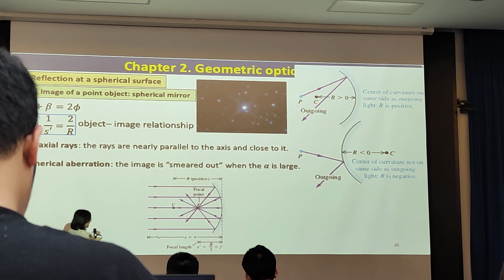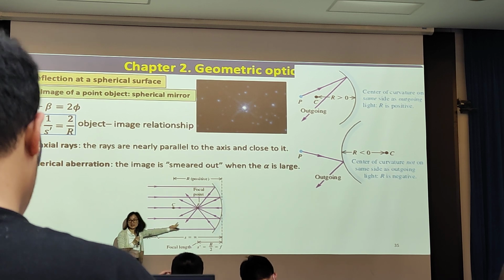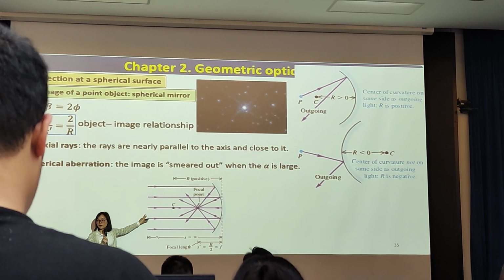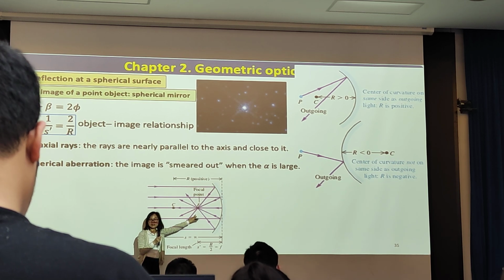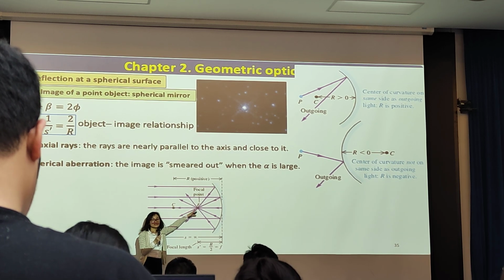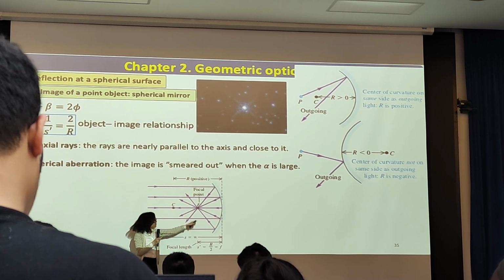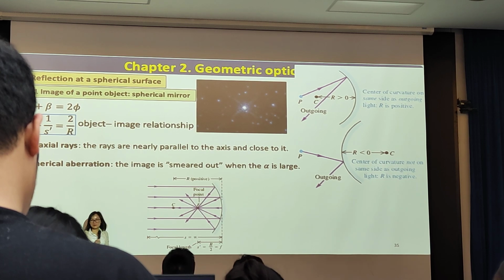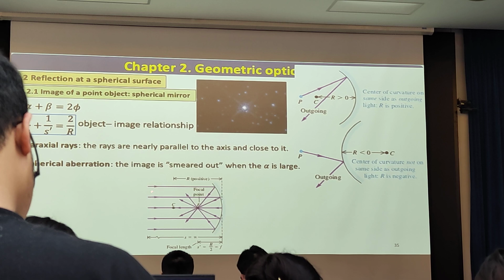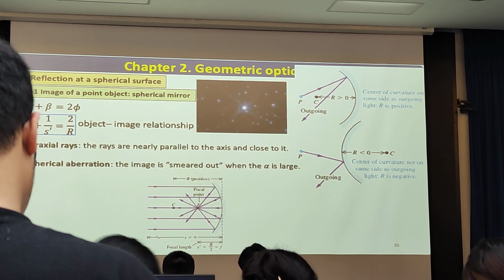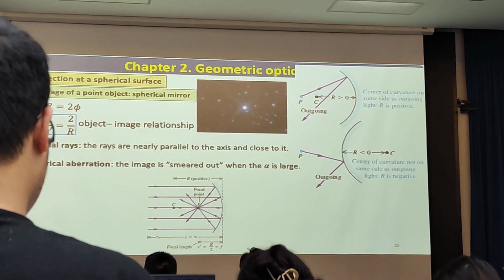Now we have one special case. Looking at this figure, when you see the incident rays parallel to the optic axis, like this, all the reflected rays will focus, or converge, at one point, F here. So what is the name of F? You can use this phenomenon to form an experiment.